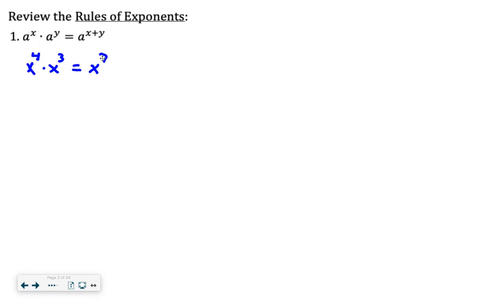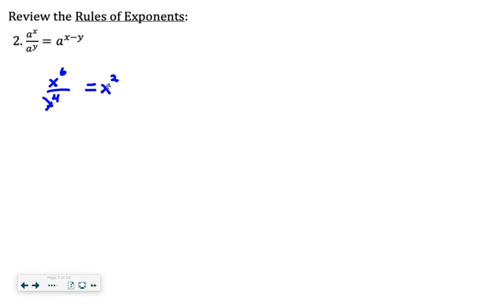Now, all of these rules only work if we're talking about the same base, right? If this were x to the fourth times y to the third, I would not be able to combine them like this, right? Now, if I'm dividing, I subtract the exponents. So if this were x to the sixth over x to the fourth power, I would just subtract the exponents, and this would be x to the second.